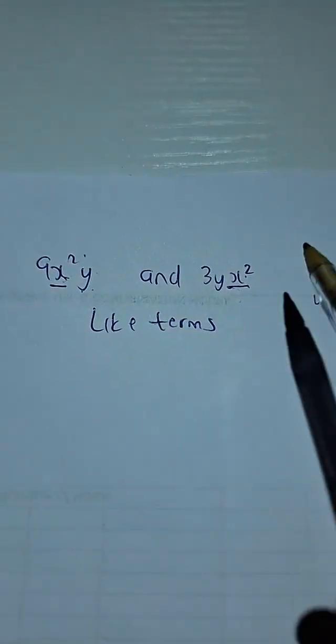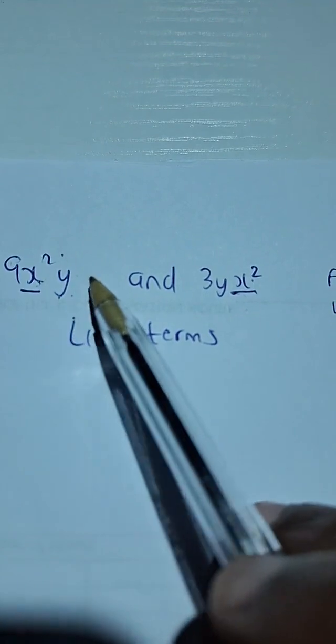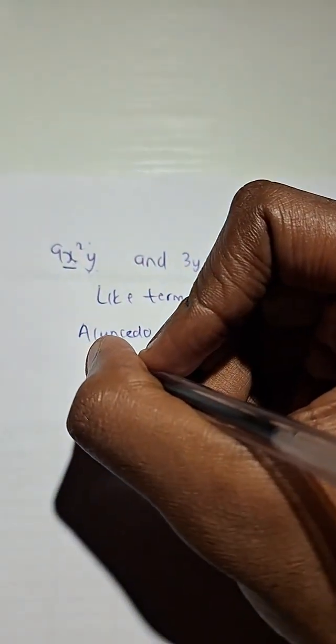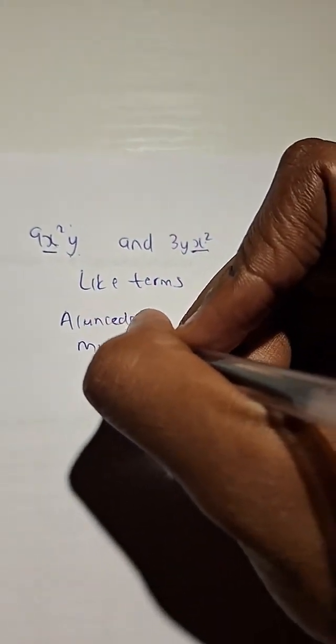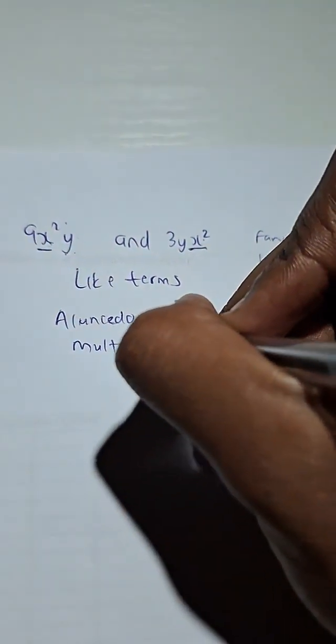right? I know some people are probably saying they are unlike because they are seeing the order of the letters being different. But guys, what did we learn? Okay, yes. Aluncedo in the comment section is helping us out, saying that multiplication is commutative.